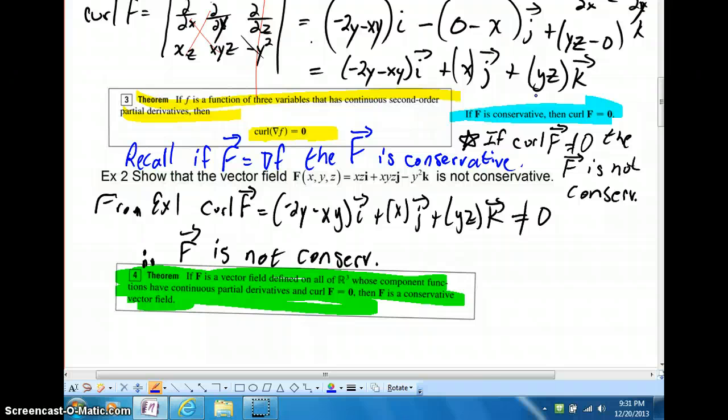So a wonderful fact is, if the curl of a vector field is not 0, as we just saw, the vector field is not conservative. This statement from theorem number 4 says if the curl of the vector field is 0, then it is conservative.